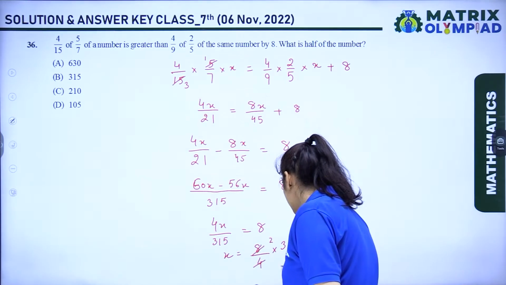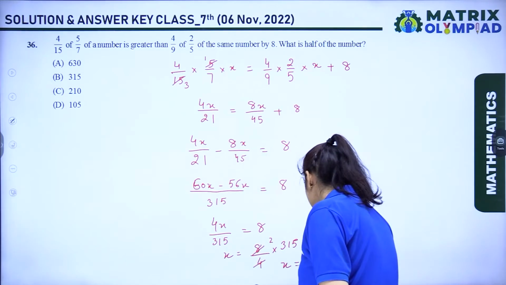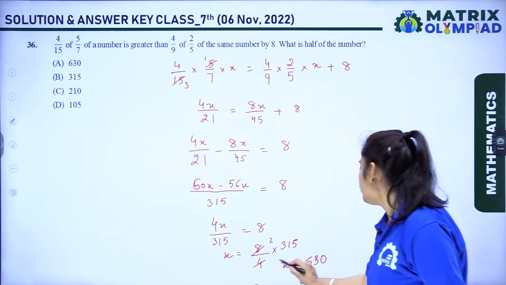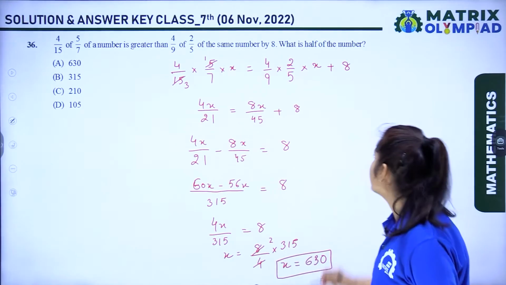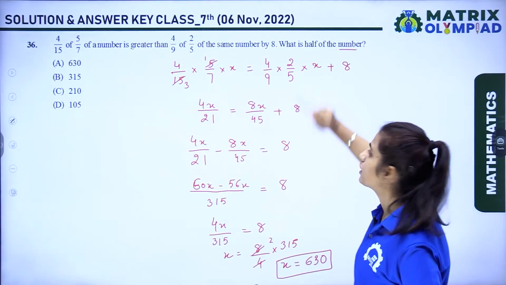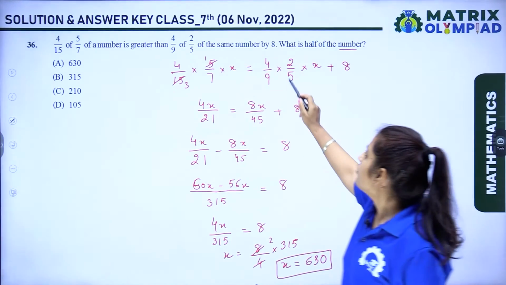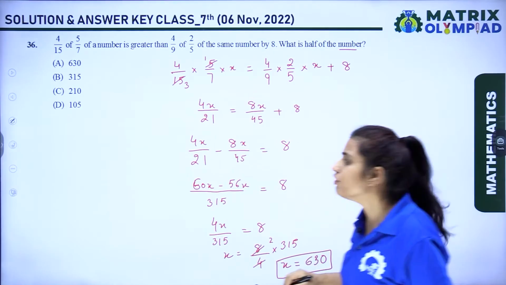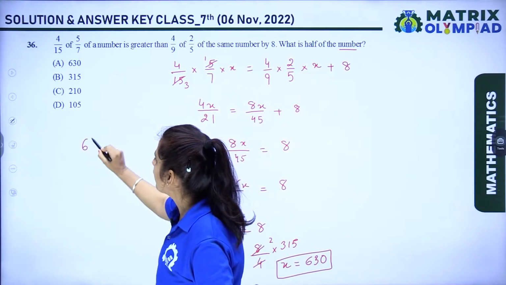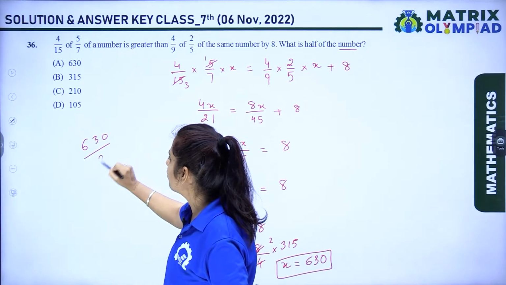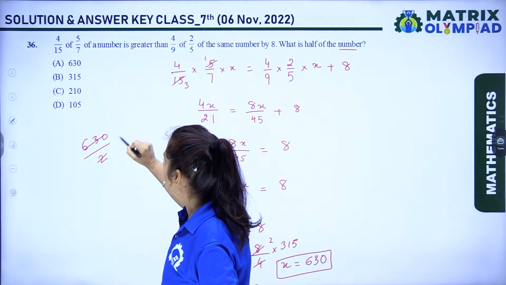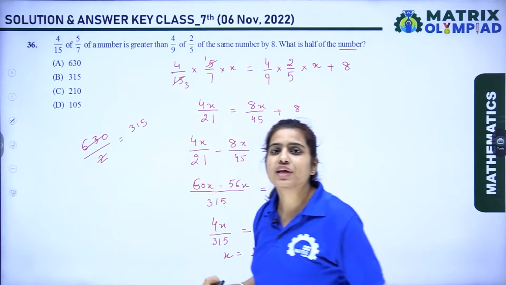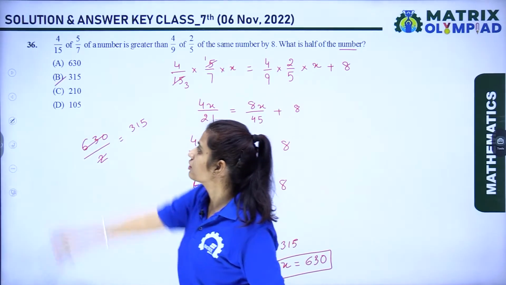Here after cancellation we get the value of x, that is 630. So the value of x is 630. It means we get the number. Now we have to find out half of the number. So half of the number is 630 divided by 2, that is equal to 315. So option B is the correct answer.